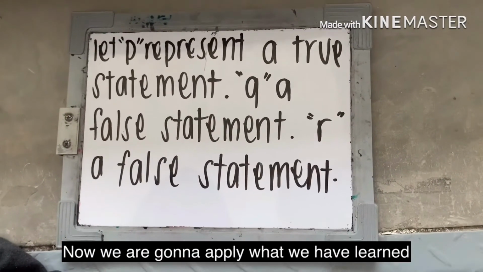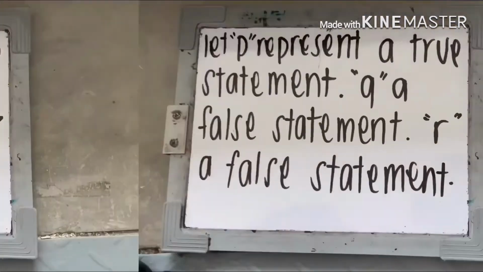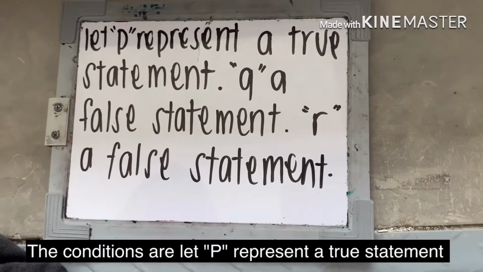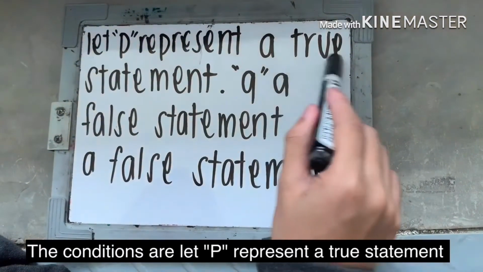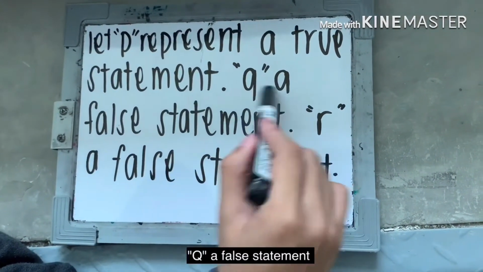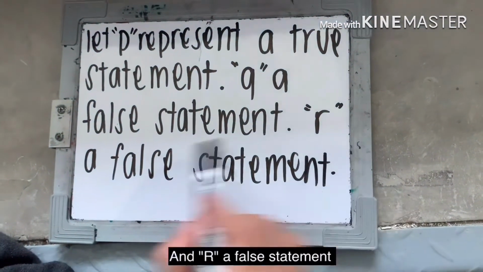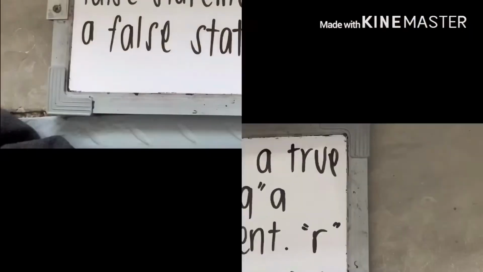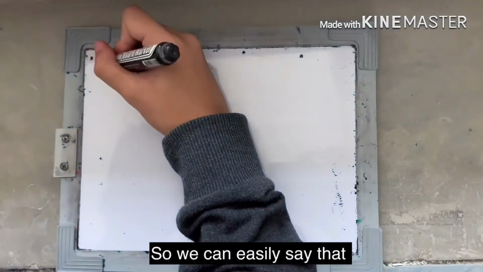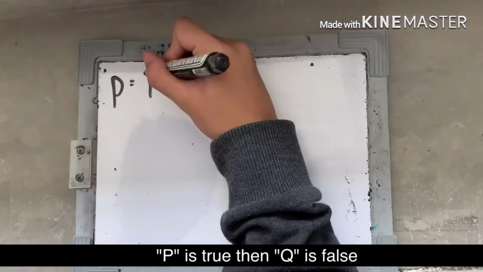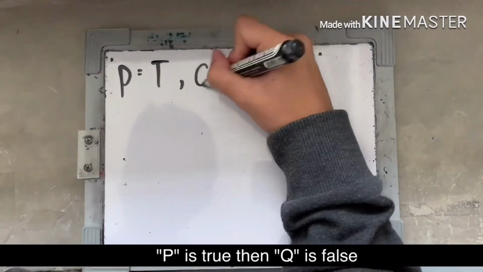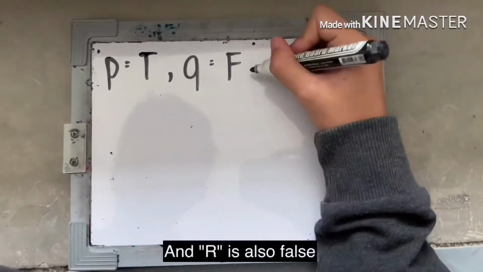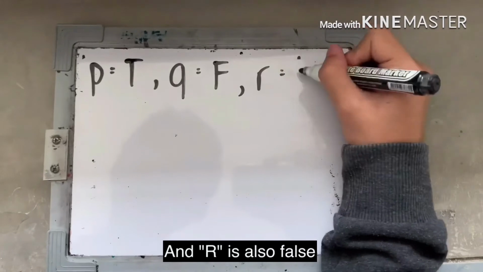Now, we are going to apply what we have learned. The conditions are: let P represent a true statement, Q a false statement, and R a false statement. So we can easily say that P is true, Q is false, and R is also false.